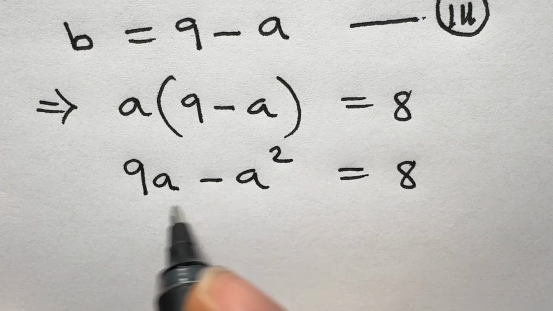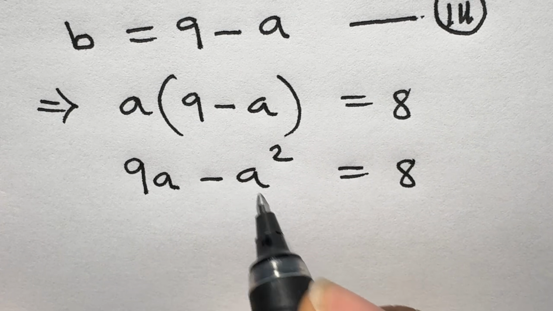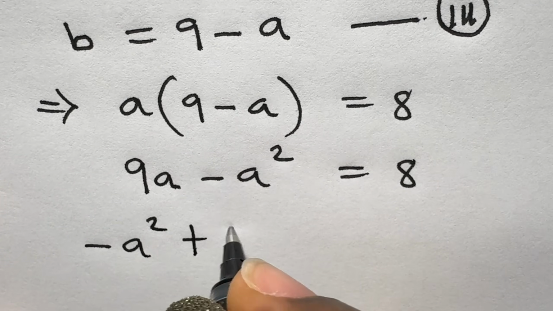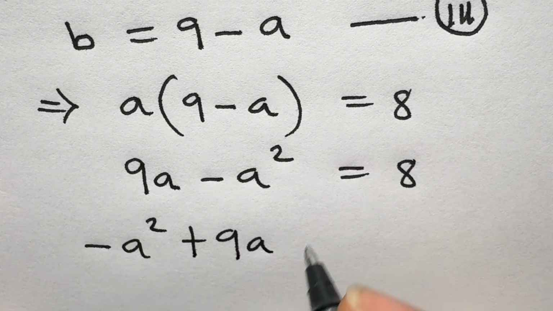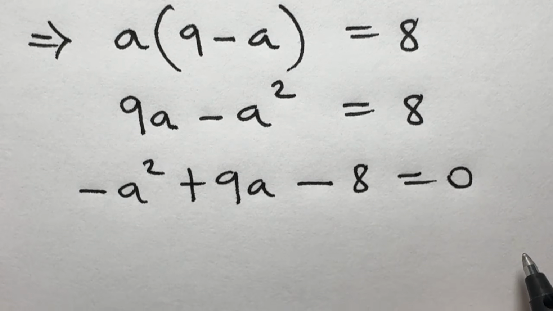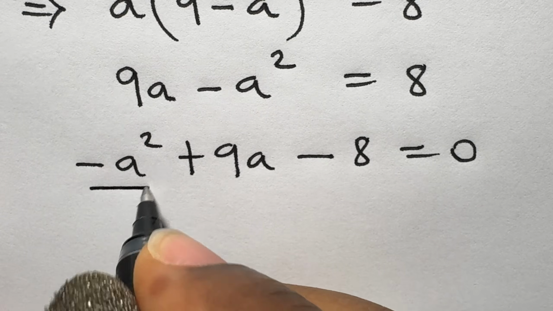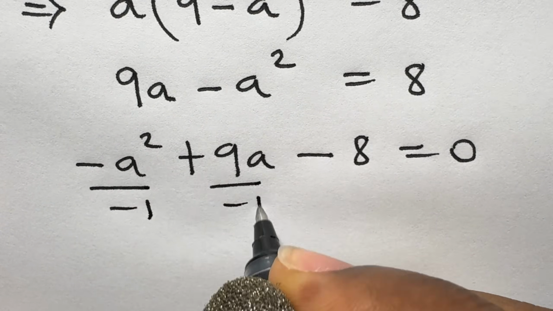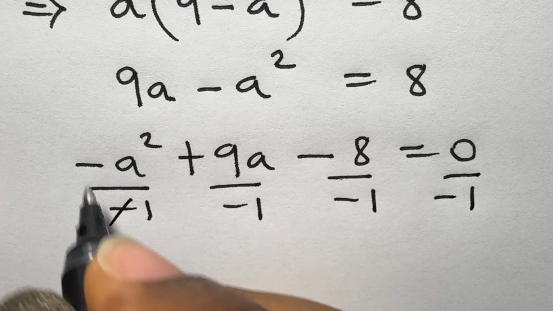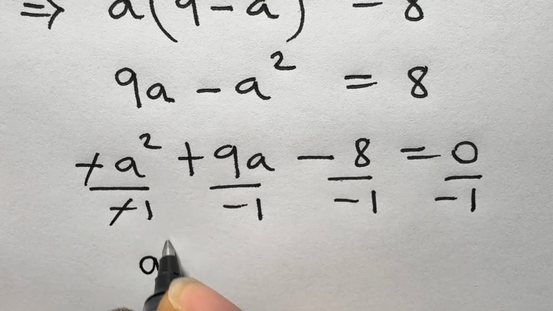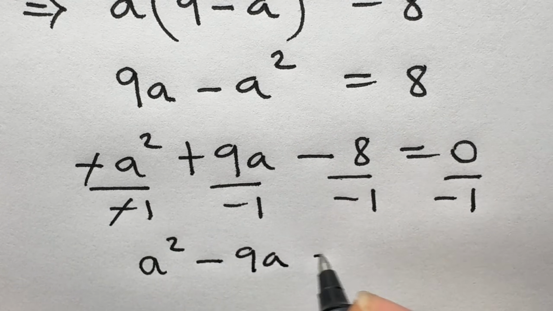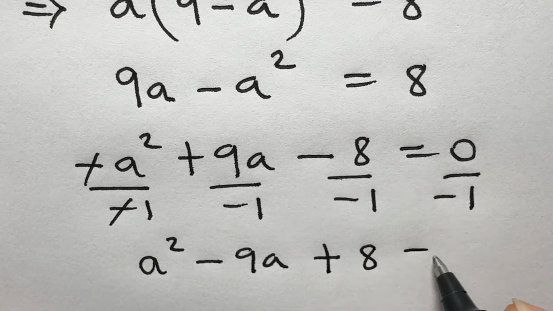Let us rearrange this in descending order of power of a. So we have negative a squared plus 9a, then minus 8 is equal to 0. Multiply or divide through by negative 1 on both sides. So this becomes positive, so I have a squared. This becomes negative, I have minus 9a. This is positive, I have plus 8 is equal to 0.